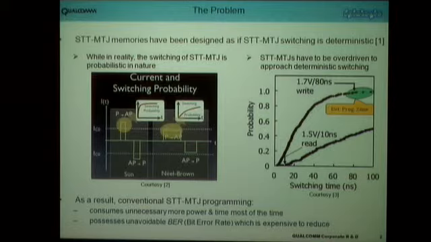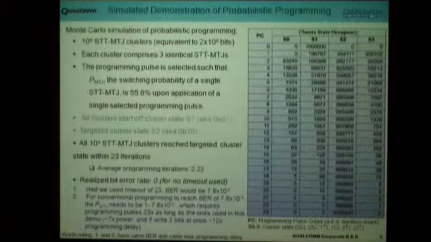Okay, can we say that this iterative program method you described is similar to the iterative program method for flash memory? On the iterative side, it's the same, but the principle is different. In our case, we want to have the probabilities as we can show here.